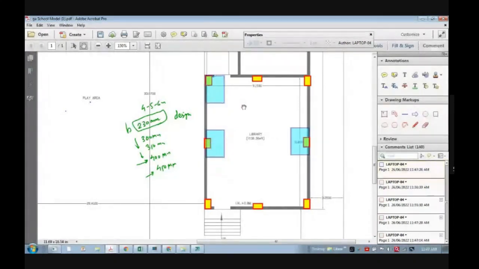Sir, these drops can also help in the aesthetics of this library room. Yes, the architect will definitely use this, because whenever you insist on your part, they will also find their solutions. So there is always a possibility that structural elements can be used from an aesthetic point of view.